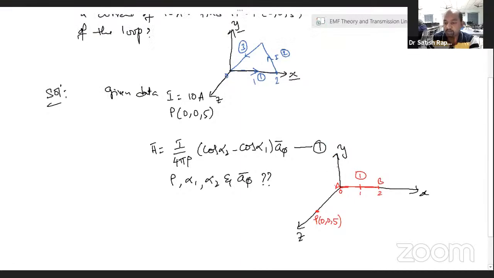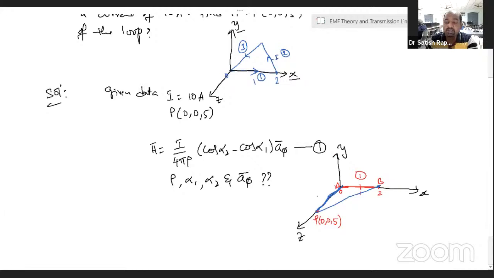So joining the lower end to point P, which is straight away the z-axis, this is the line joining the lower end and point P. Similarly, join the upper end B to point P. And what is the normal distance, what is rho here?